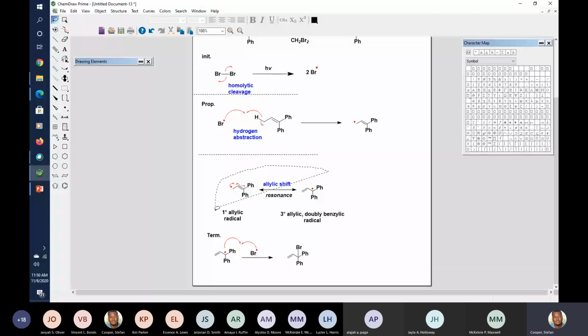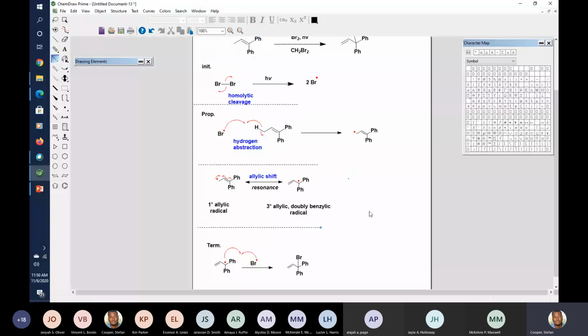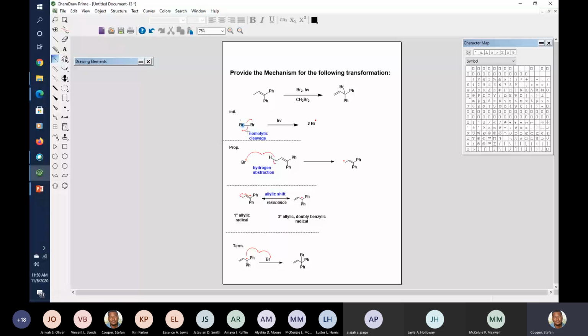There's a couple main steps that we needed to have down. Let's review really quickly. We need an initiation step with homolytic cleavage to give us 2 bromine radicals. One bromine radical is going to do a hydrogen abstraction to form our primary allylic radical.